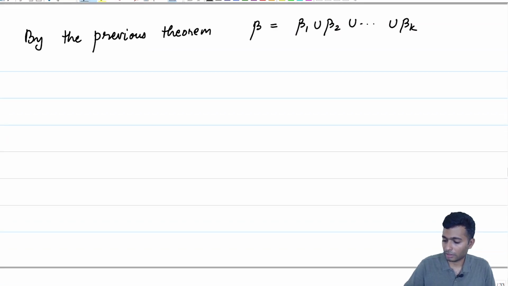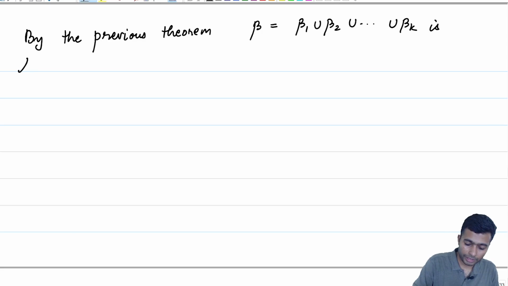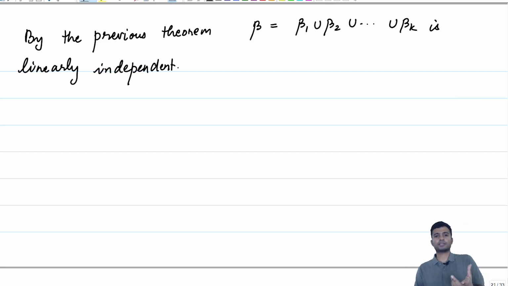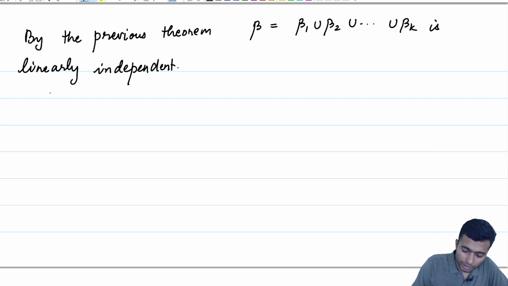This is linearly independent, because they are linearly independent sets in different eigenspaces, and therefore beta equal to beta 1 union beta 2 up to beta k is linearly independent. But what is the size of beta?